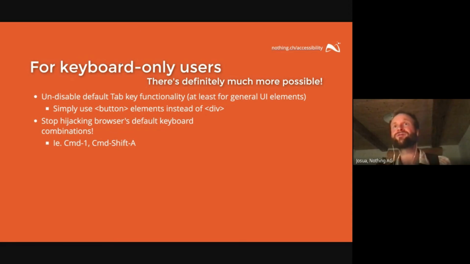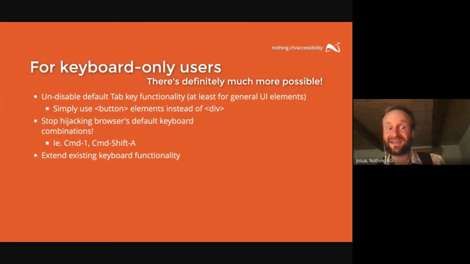I mean, sometimes you need to override some special keyboard combinations, but as you've seen before, nothing happened when I used those keyboard combinations. So please just do not hijack all of them. Hijack those that really give a functionality to the user. Everything else is just frustrating.